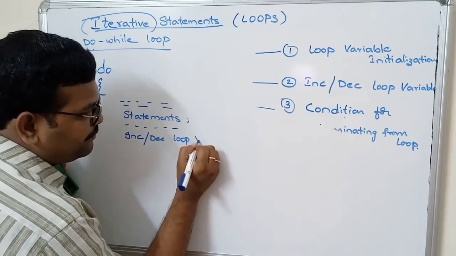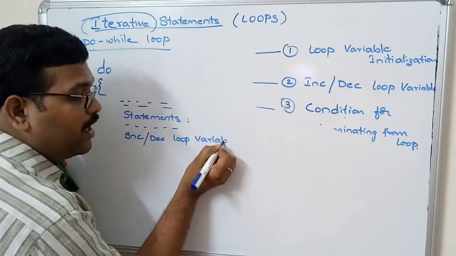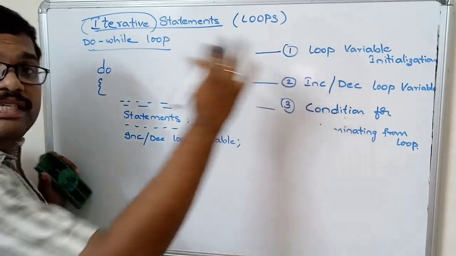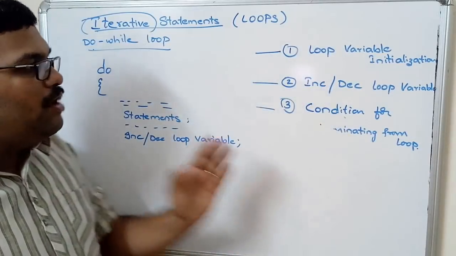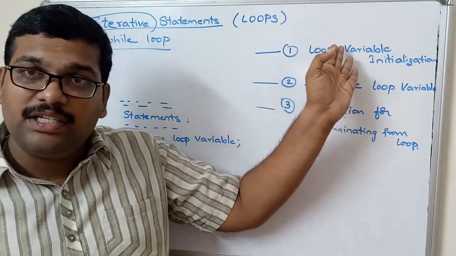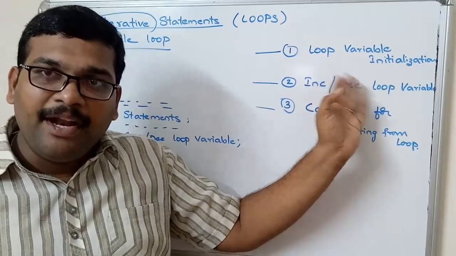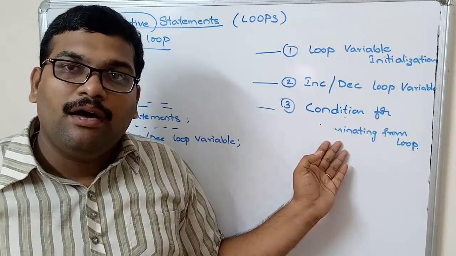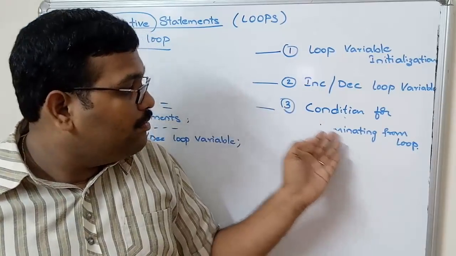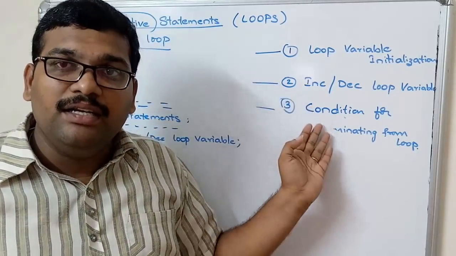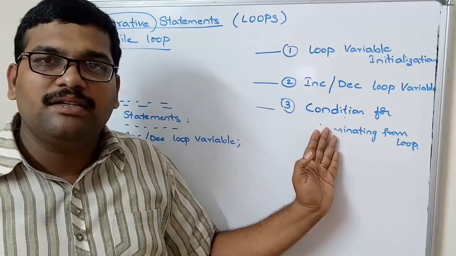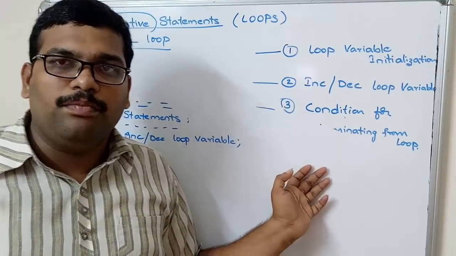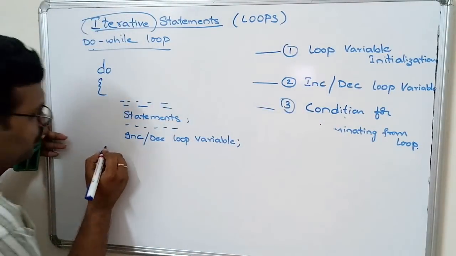Here also we have to follow these three steps. First we have to initialize the loop variable, we have to update the loop variable, and we have to place the condition for exiting from the loop.